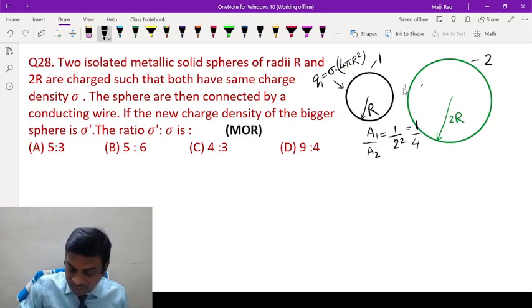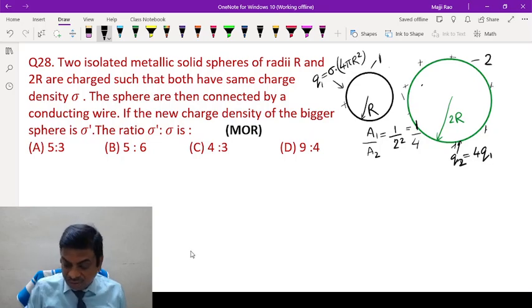So automatically here the area is 4 times of this smaller one. So therefore the charge will be 4 times of the smaller one. So Q2 will be 4 times Q1. I hope that is clear. Later we can substitute, don't worry.